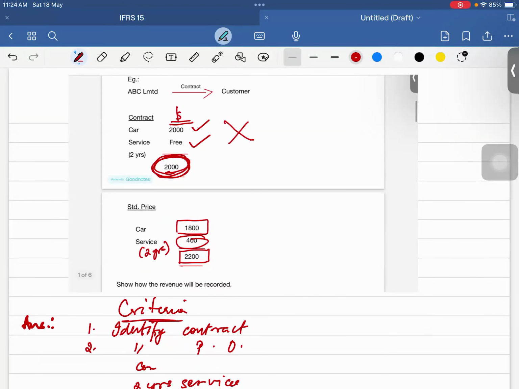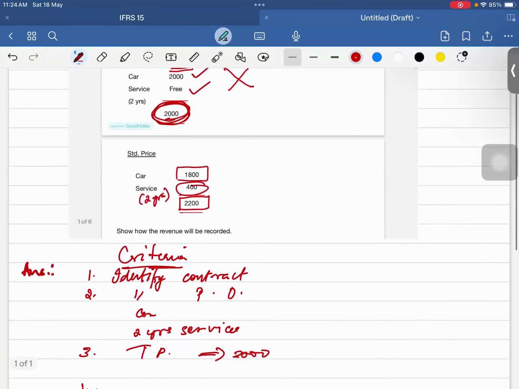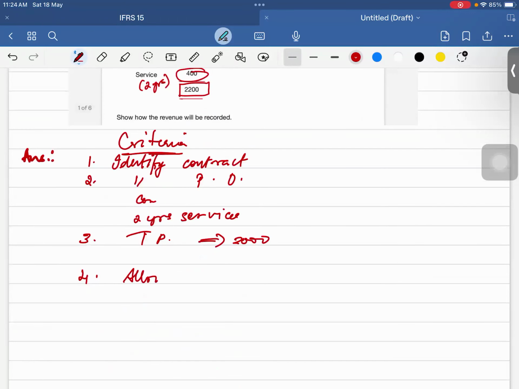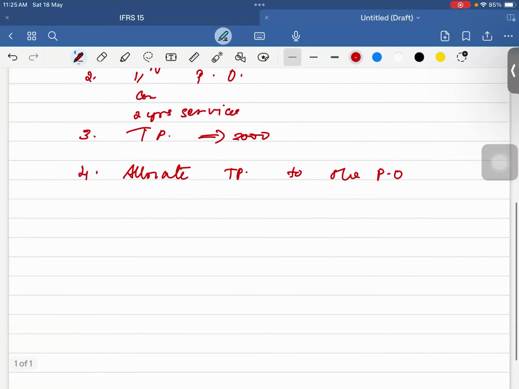So you have to follow the fourth one. That is, you're going to allocate the transaction price to the performance obligations. Understood? So you're going to divide the amount that is actually to be recorded. Clear? Okay, let's see, the car and the service.